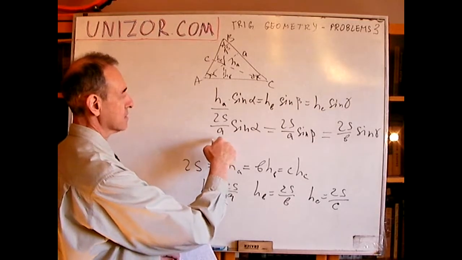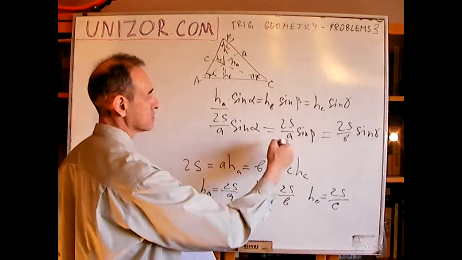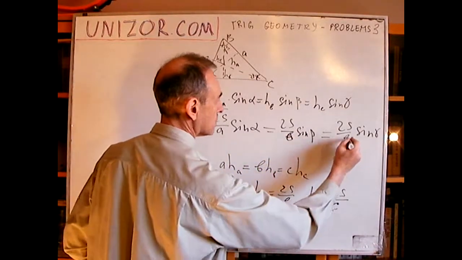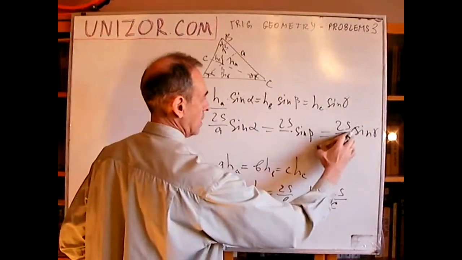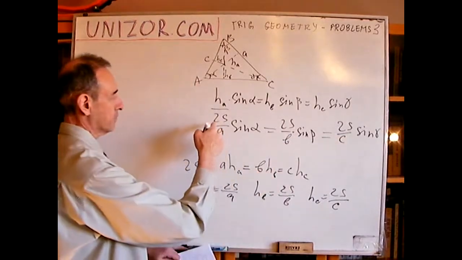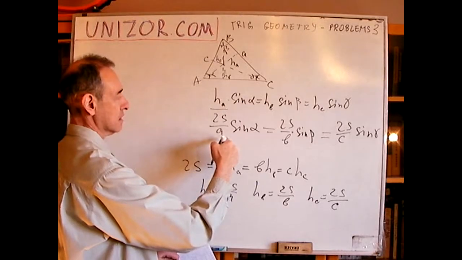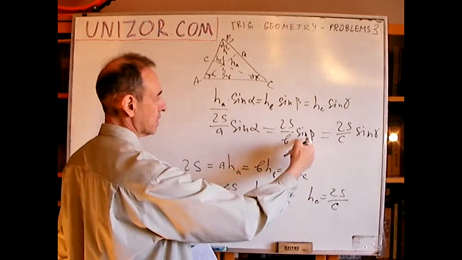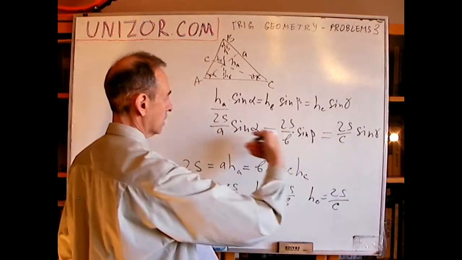So law of sines is A divided by sine of alpha equals B divided by sine of beta equals C divided by sine of gamma, and this is just inverted.